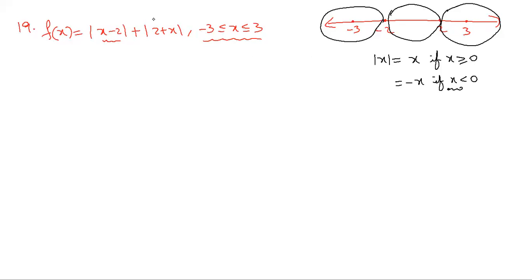That's why, when redefining, you'll divide this into 3 cases. What is the first case? Minus 3 is less than or equal to x less than minus 2. Case number 2, minus 2 is less than x less than 2. Case number 3, 2 is less than x less than 3.